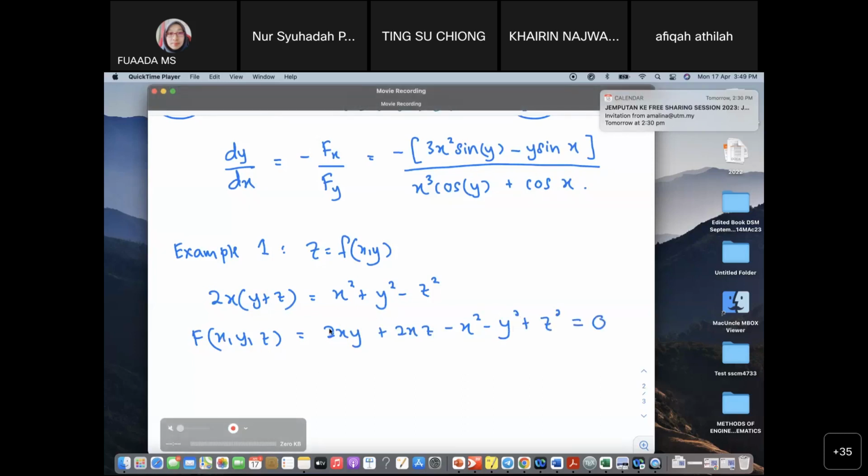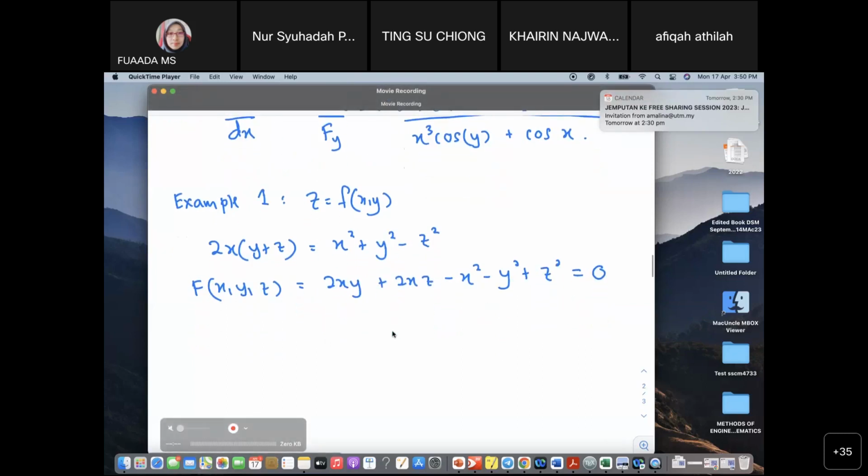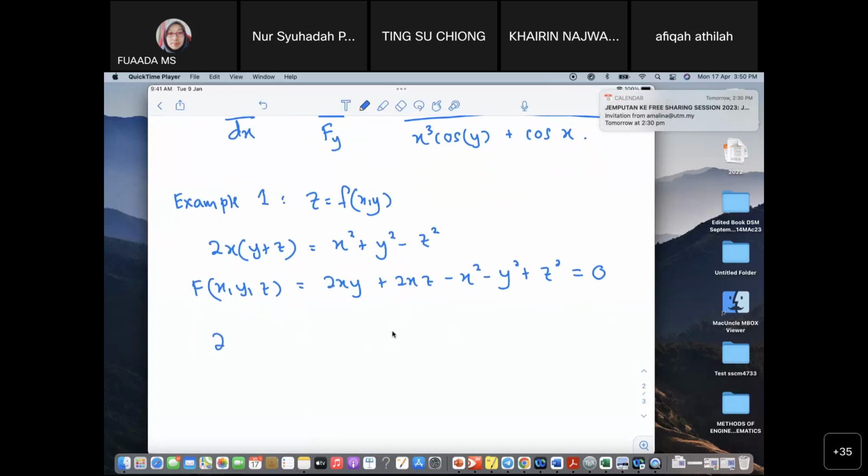Now we have a new form of expression where x, y, z are now at the same level of variable. Three of them are independent now. We make an assumption here. To obtain del z over del x, the formula is negative fx over fz.